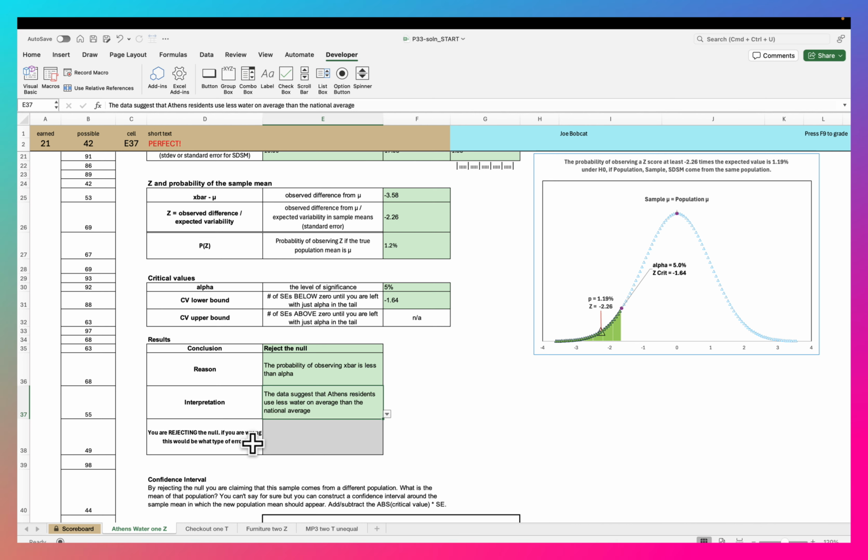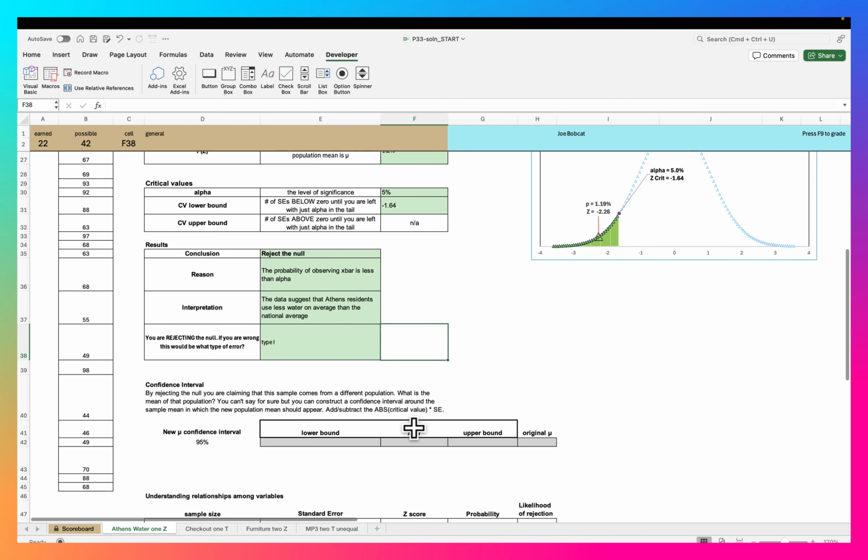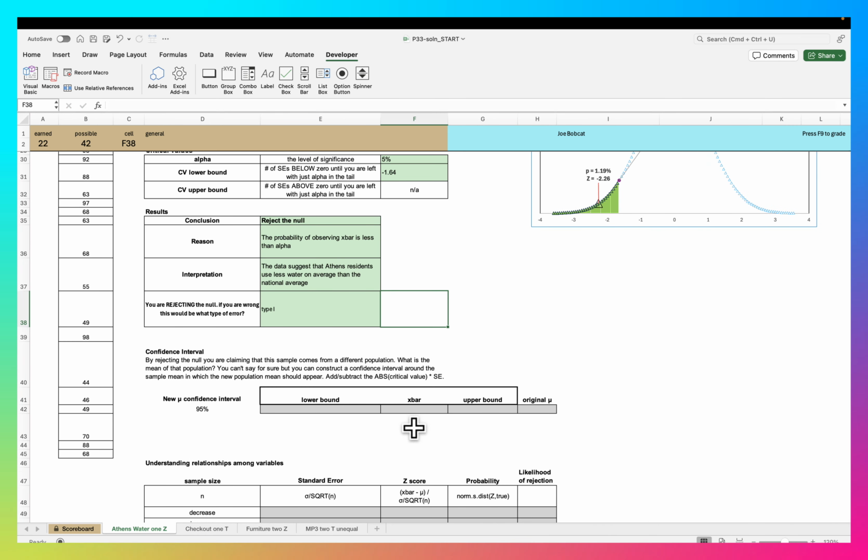Now, we're rejecting the null, and if we're wrong, what type of error would we have committed? That's going to be a type 1 error. Whenever you reject the null when in fact it might be true, you have the possibility of committing a type 1 error. We don't think we did, but you should start to be familiar with those terms.